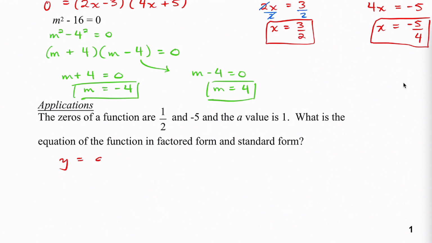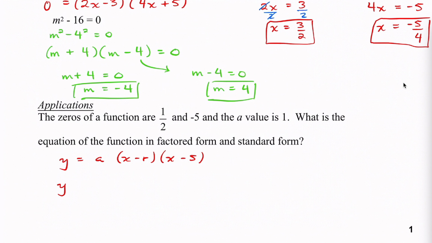So our factored form is a times x minus r times x minus s. Okay, where this s and this r, all those are the zeros, or the x-intercepts. So it's the half and the negative 5.